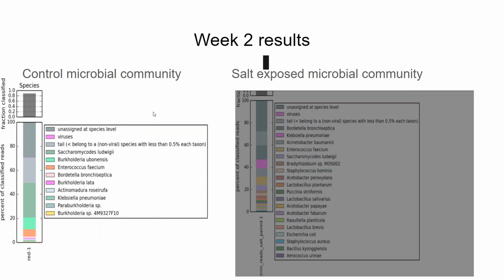A primary difference is that the Lactobacillus plantarum in the control microbial community did not show up. It was much less dominant than the other bacterias, whereas in the salt-exposed microbial community, it did retain some character, although it did lower in its coverage significantly.